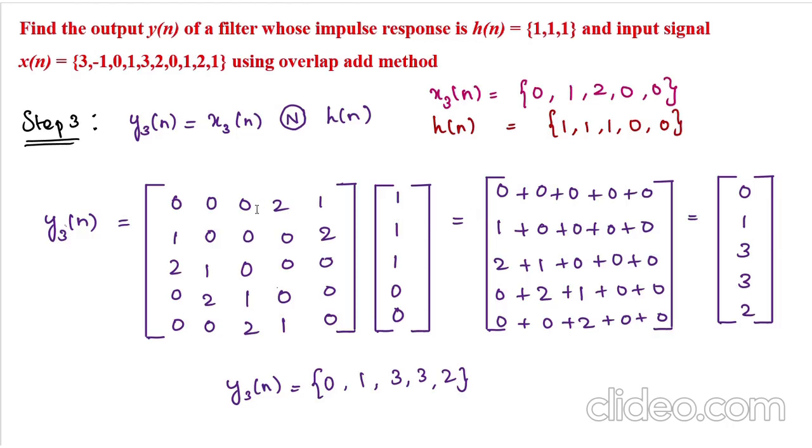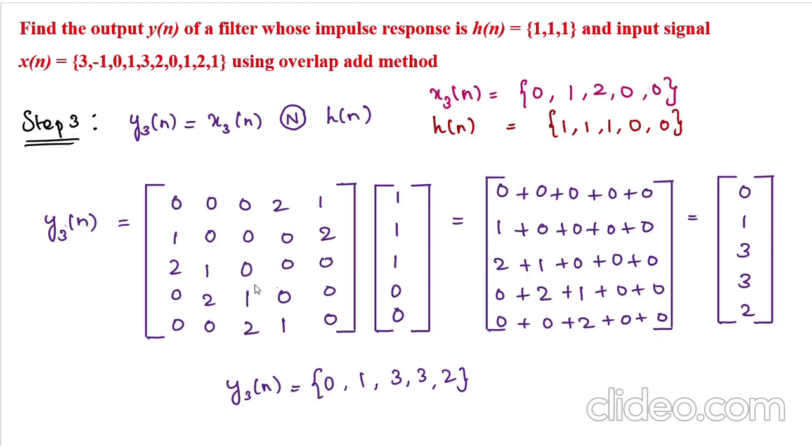If I'm going to multiply it, again a normal matrix multiplication. 0 into 1 is 0, 0 into 1 is 0, 0 into 1 is 0 again, 2 into 0 is 0, 1 into 0 is 0. 1 into 1 is 1, plus 0 into 1 is 0, 0 into 1 is 0, 0 into 0 is 0, 2 into 0 is 0. Coming to this place, 2 into 1 is 2, plus 1 into 1 is 1, plus 0 into 1 is 0, 0 into 0 is 0, 0 into 0 is 0.